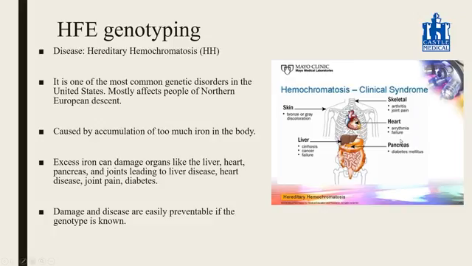Excess of iron in the pancreas can lead to diabetes. Excess of iron in the heart can lead to arrhythmia or heart failure. Similarly, excess of iron can also lead to arthritis or joint pain. And if iron is accumulated in the skin, it can lead to a weird skin discoloration.